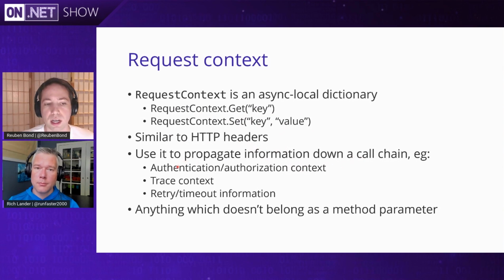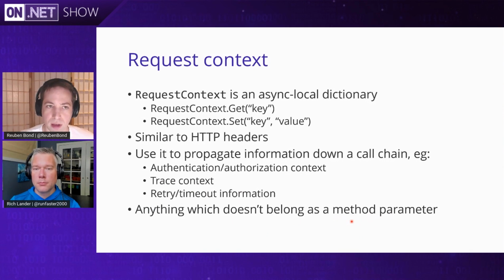And so you can use this facility to propagate information like the authentication or authorization context, which user is making this method call, or in the case that we're doing today, a trace context, or in another example, maybe retry or timeout information. Essentially anything which doesn't fit into a method parameter.